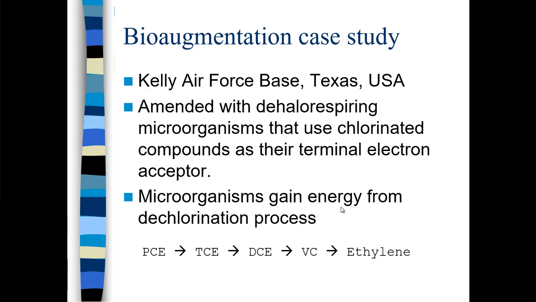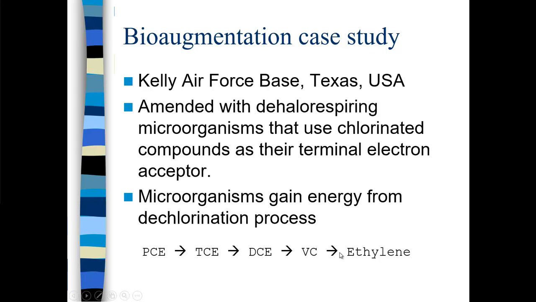Now, you have to be really, really careful with this type of degradation because you start out with perchloroethylene. That's basically ethylene with 4 chlorine atoms. You dechlorinate it, it goes to trichloroethylene. You dechlorinate it further, it goes to dichloroethylene. You take off the second to the last chlorine, it becomes vinyl chloride.